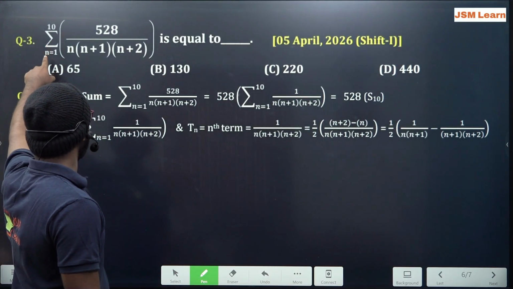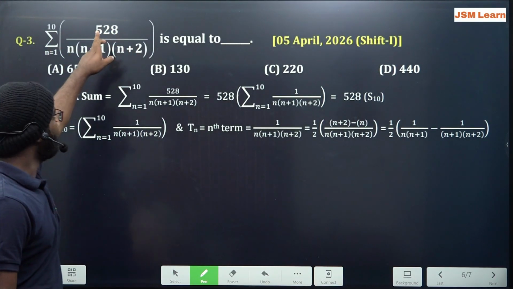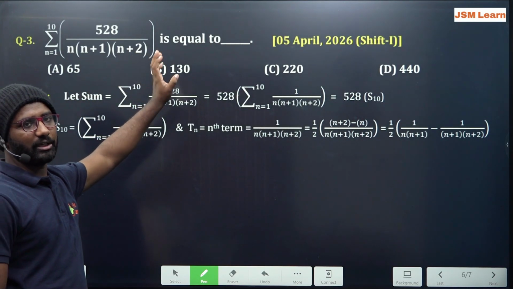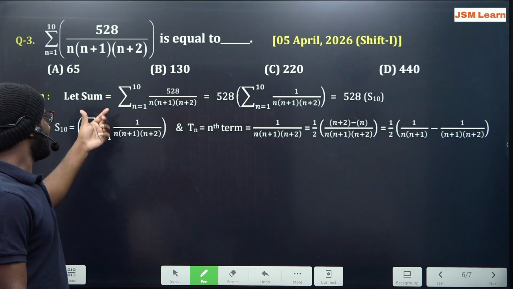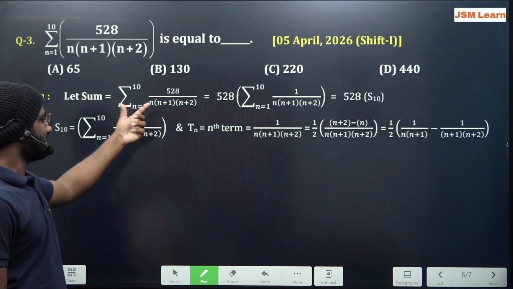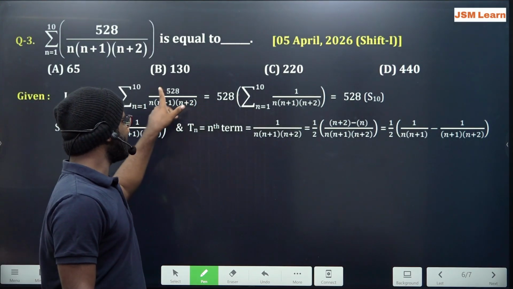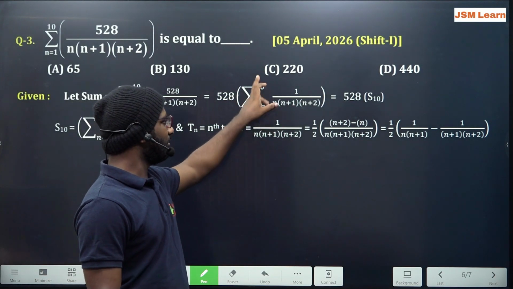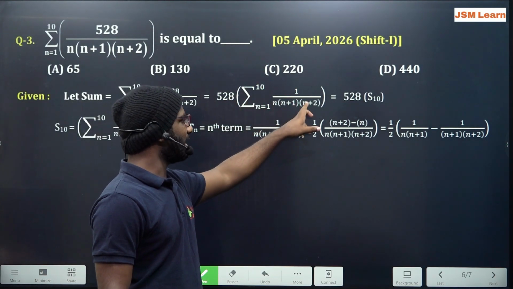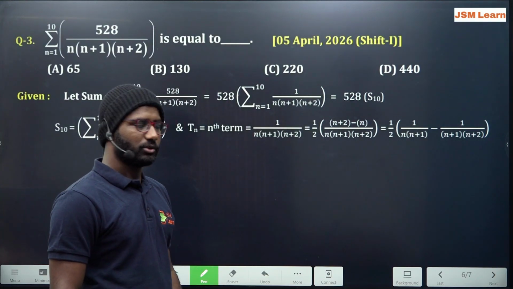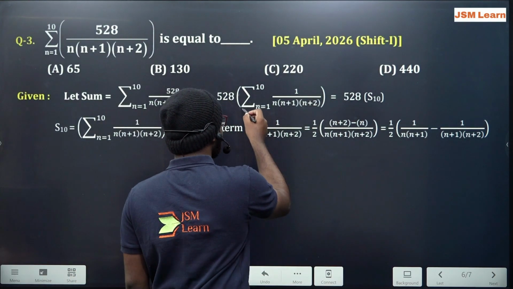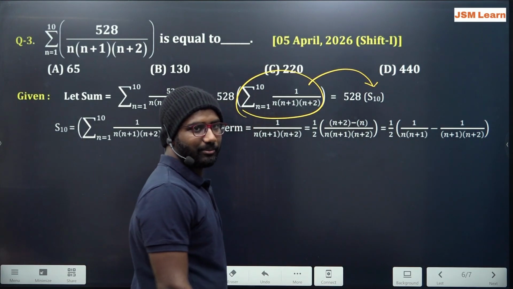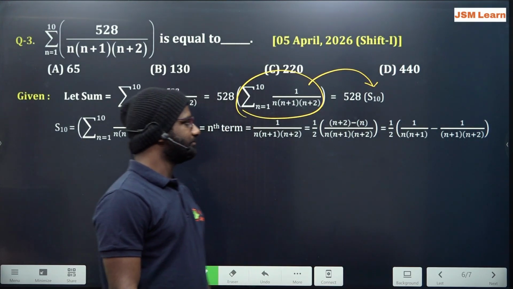Here we are going to find the value of sigma n running from 1 to 10 of 528 by n(n+1)(n+2). Now I am considering this sum and rewriting it as 528 times sigma n running from 1 to 10 of 1 by n(n+1)(n+2), and I am considering this as the sum of 10 terms, denoted by S10.